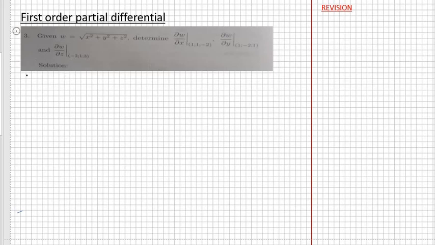So we first need to determine the derivative of y with respect to x. And then next, I'm gonna replace the value of x, y, and z by their values.